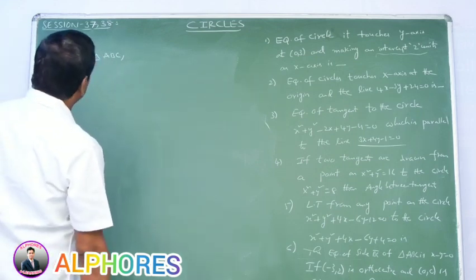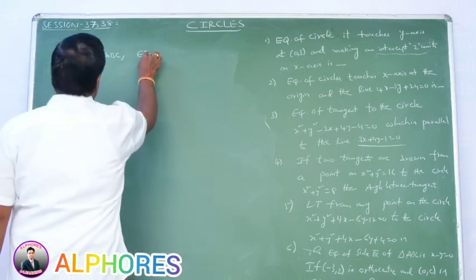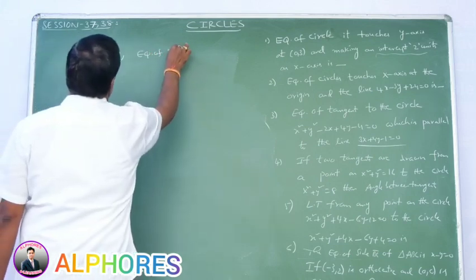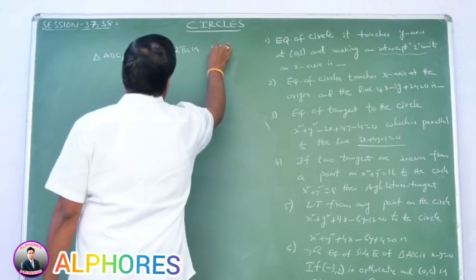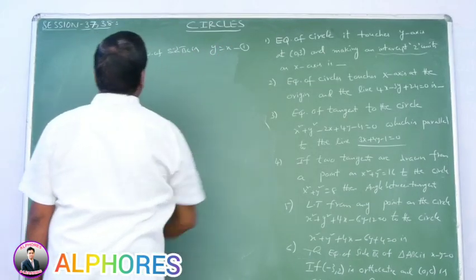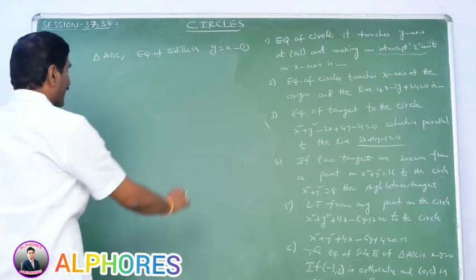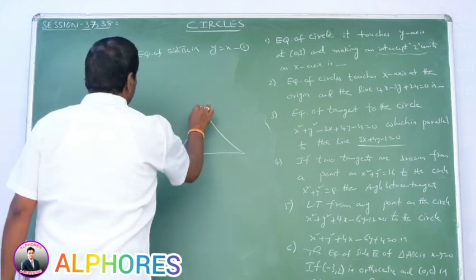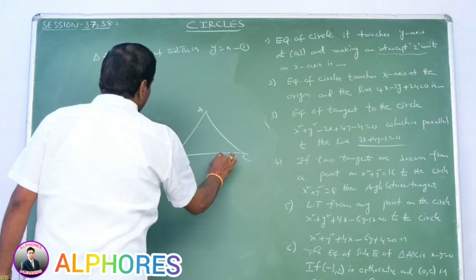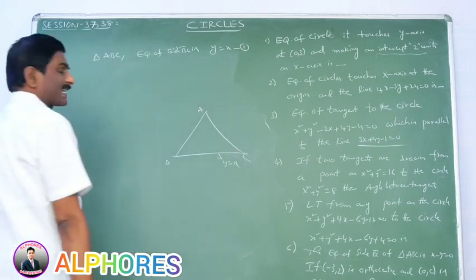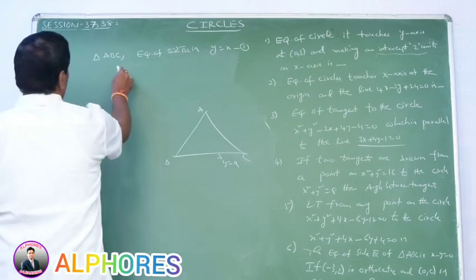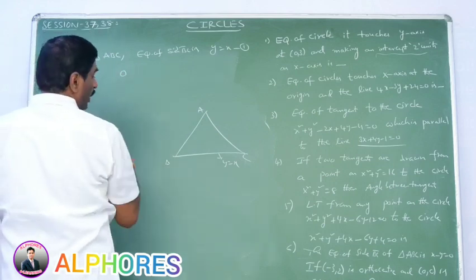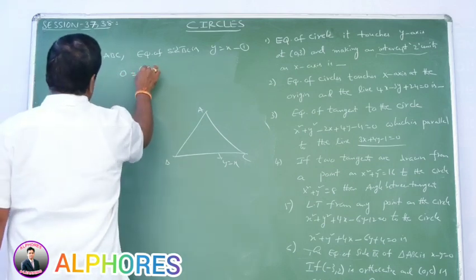In this case, in triangle ABC, equation of side BC is x minus y is equal to 0, means y is equal to x. Orthocenter of the triangle is O or H. Take O is equal to minus 3 comma 2.